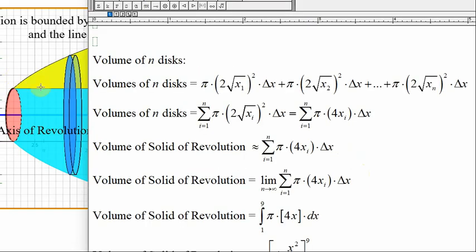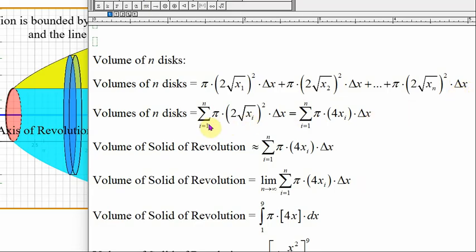If we divide the solid into n slices, the volumes of the n slices would look like this: the volume of the first slice, the volume of the second slice, and then the volume of the nth slice.